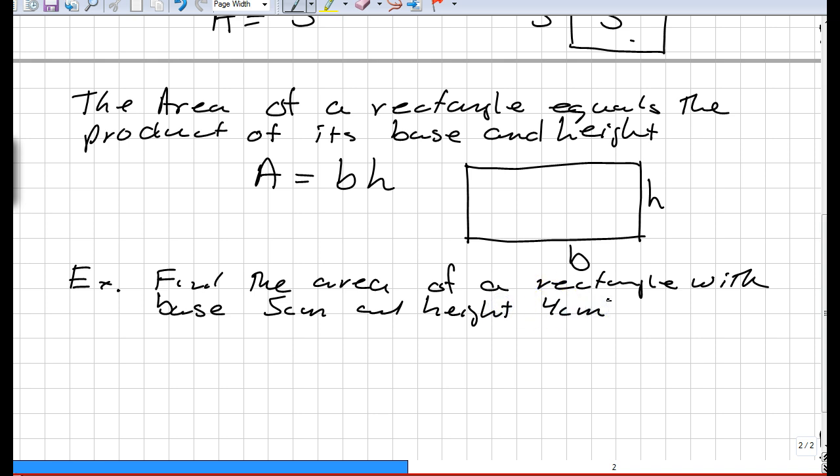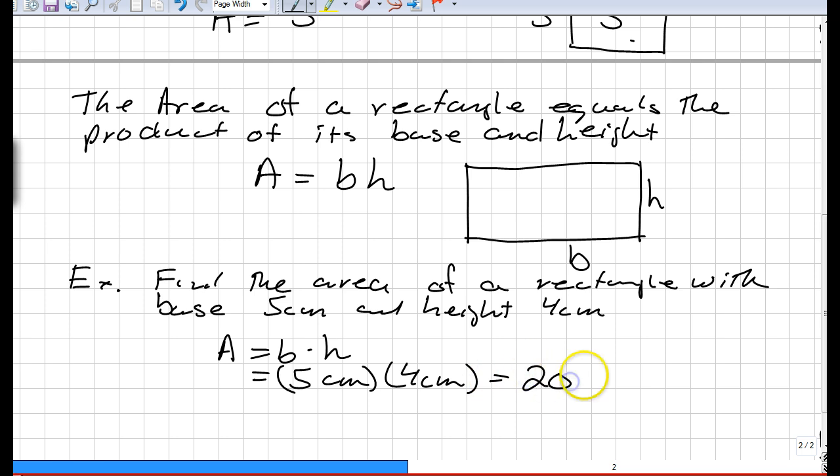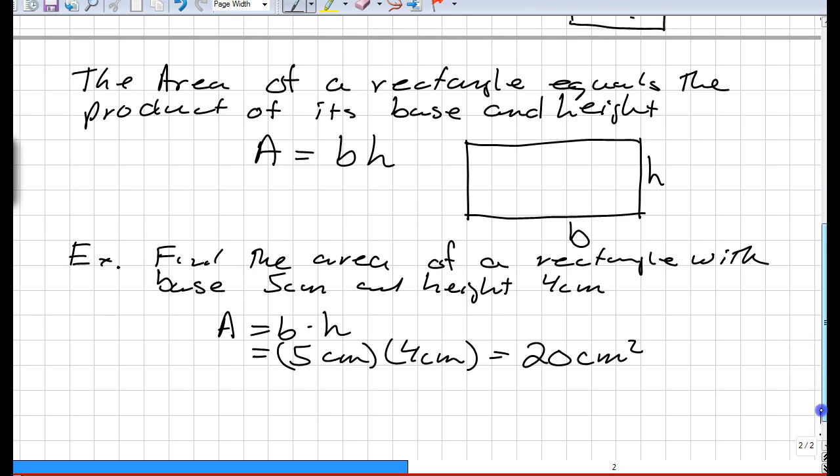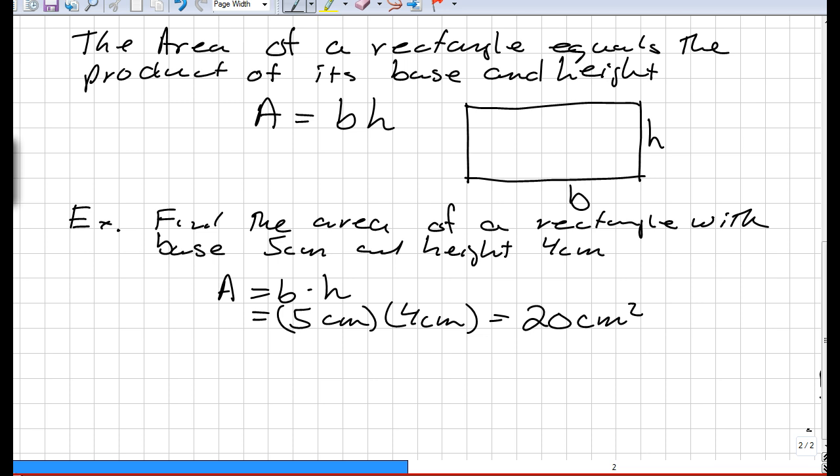Okay, and so since area equals base times height, then it's 5 centimeters times 4 centimeters. So that's 20 centimeters squared. So remember to always write area squared. Okay.